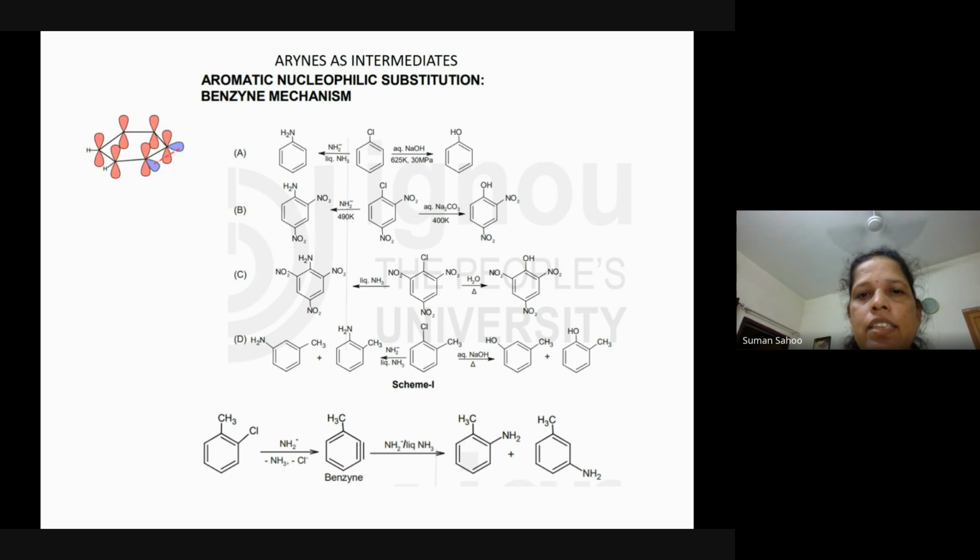But here you see this chlorobenzene. Alkyl halides are easier for nucleophilic substitution as compared to aryl halides.